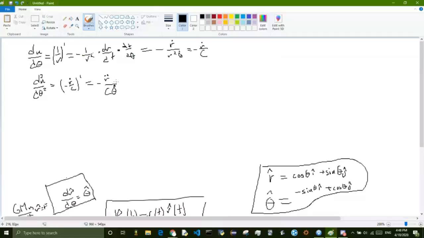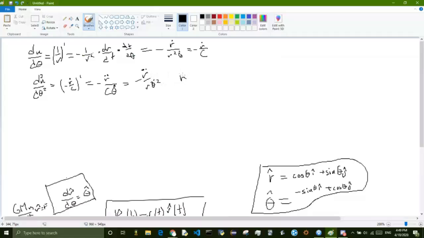Or rather, we actually do have to substitute for c here. So what we do is we say c equals r squared theta dot. So this is r squared theta dot squared.